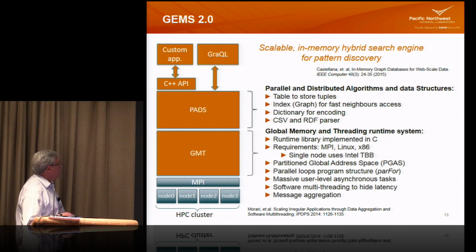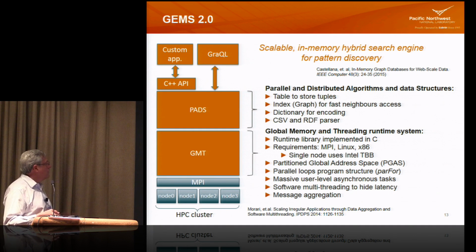On top of that, we have a library of the data structures as well as the different algorithms for both the tables and the graph methods, and above that we have C++ APIs that you can program in directly, or the custom application and GraQL layer above it. So it's a fairly traditional stack, and the key really is the GMT layer, which provides this scalability across clusters for both table and graph data structures.